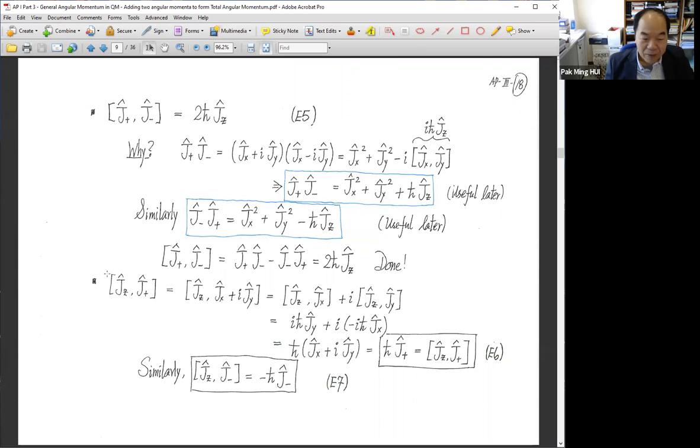Good. Next, rather naturally, we are going to ask, what will J plus do to the eigenstate phi, which is an eigenstate of Jz? In doing so, it's natural to ask first, what is the commutation between Jz and J plus? Easy. By definition, it is Jx plus iJy.